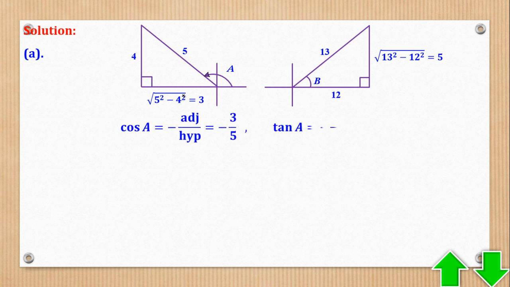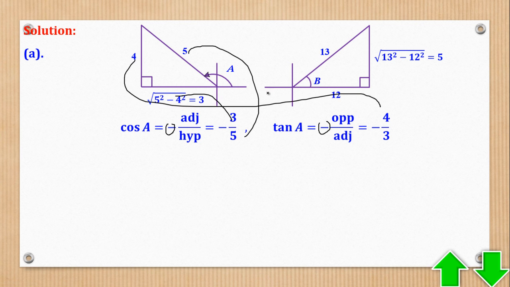Then you remember that cos is adjacent over hypotenuse, but because A is in the second quadrant, cos is negative. So it becomes negative adjacent over hypotenuse. Tan A here is negative opposite over adjacent.